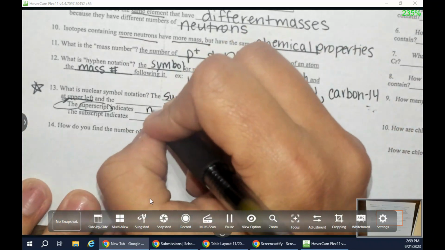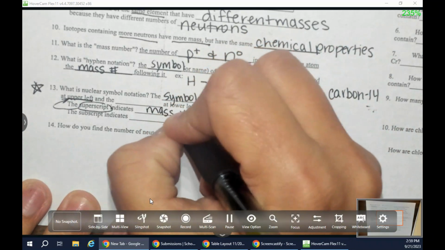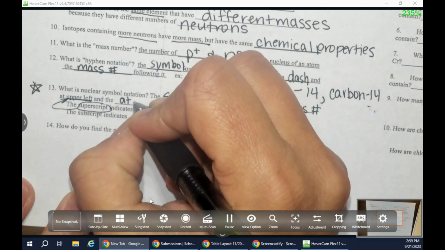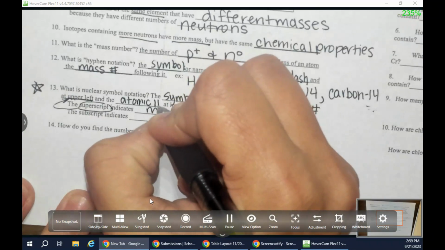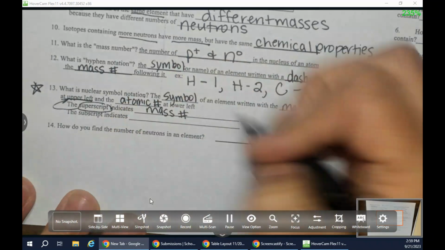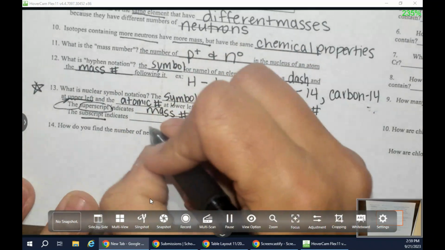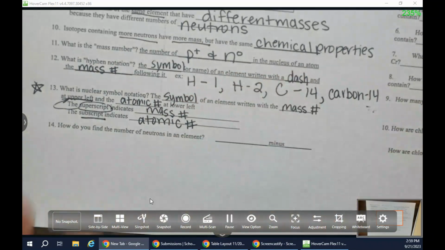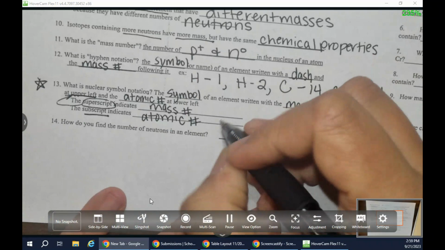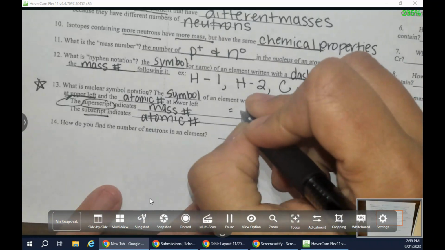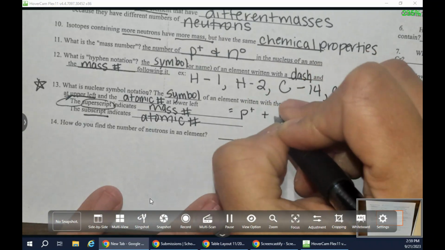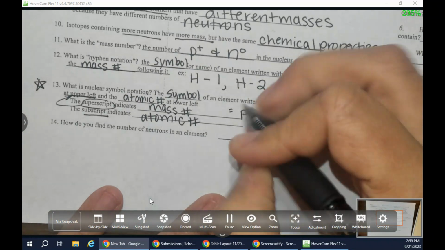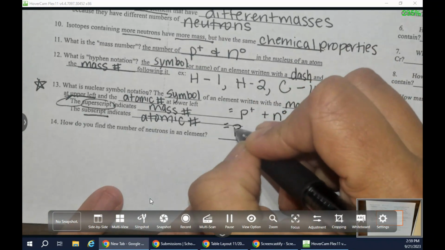The superscript tells us our mass number, and the atomic number is your lower left, or the subscript. Mass number we're getting from protons plus neutrons. Atomic number we're getting from protons.